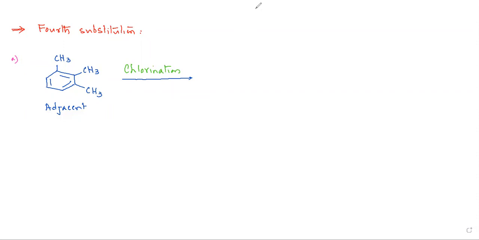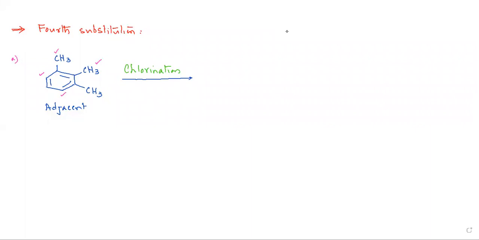Now, if you check the positions, you have to check the ortho and para for every single one, because all three are the same, all three are activators, all three are ortho para. Let us check for this. Ortho blocked, ortho available, para available, right?